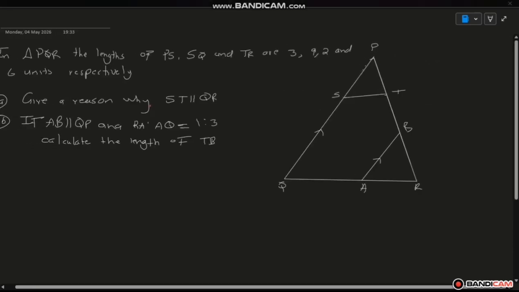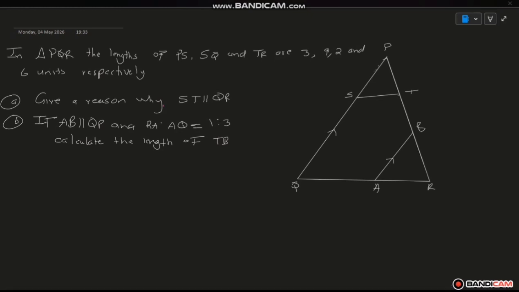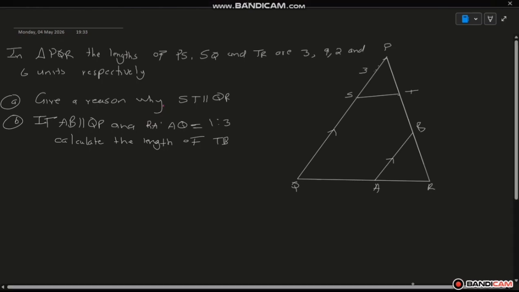Alright, let's try to do something here, but I hope you're understanding, guys. Now let's say in triangle PQR, the lengths of PS, SQ, PT and TR are 3, 9, 2, and 6 units.